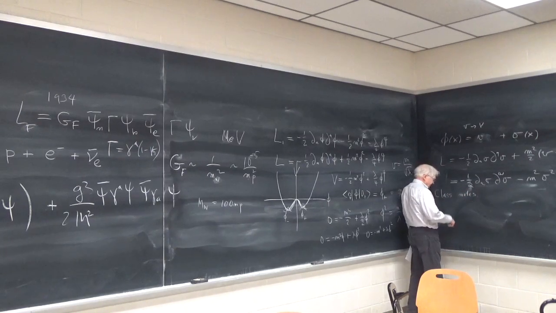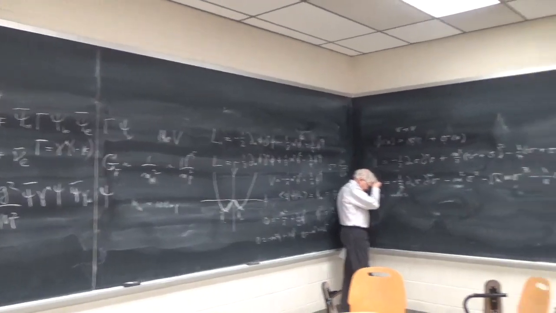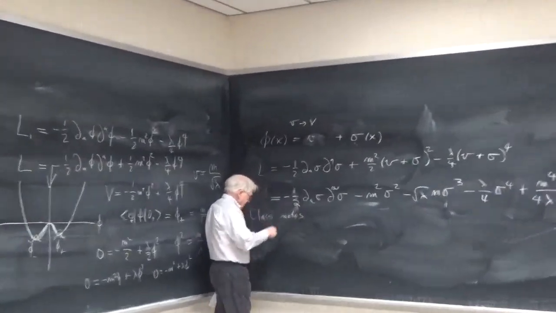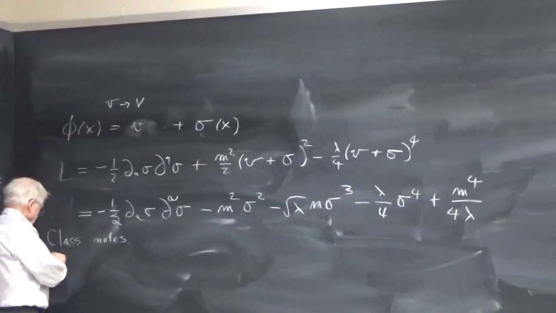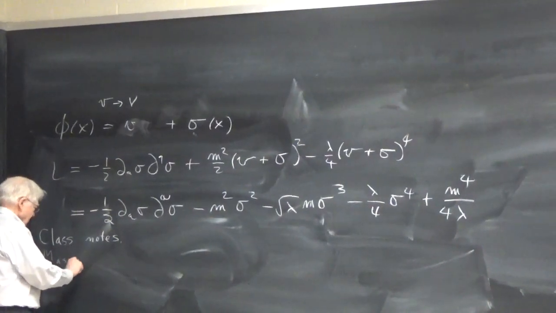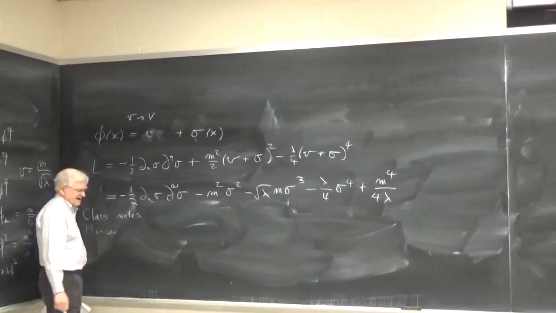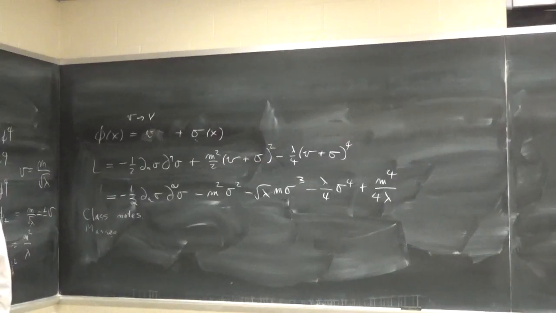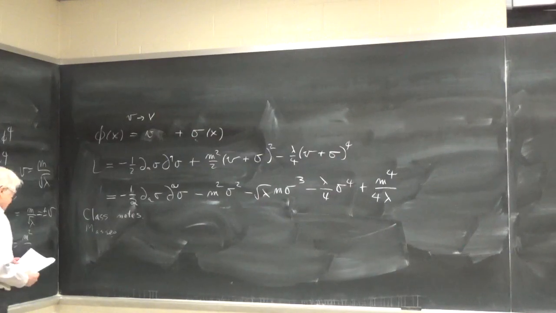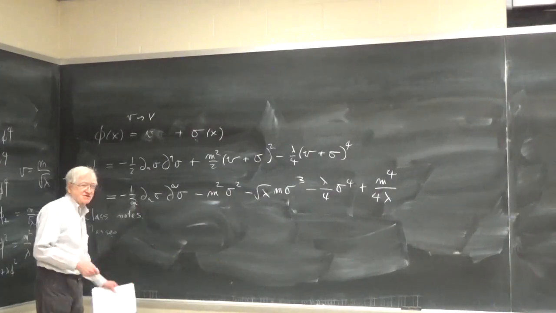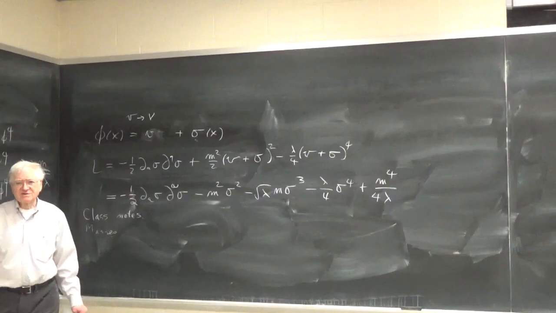And there's another one, I forget what it's called, it might be called masses. I also have a write-up called masses, which is on the class web page. There are several things on the class web page. If you click on the links, you'll see what they are.